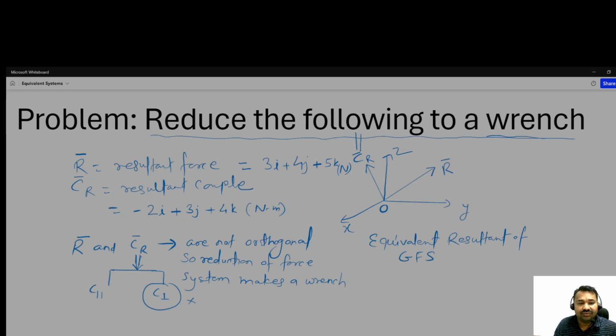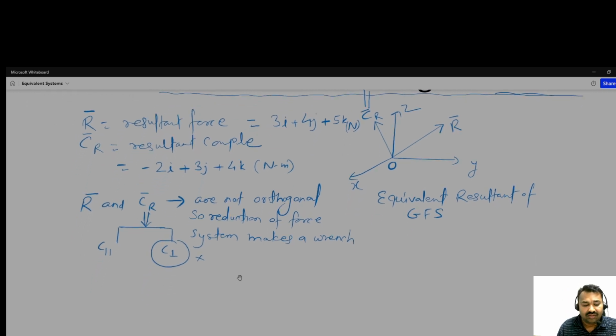Okay, now let us do this question. So what is the approach? Firstly, we get C parallel. How to get this? This can be got by CR multiplied by e bar, the unit vector.